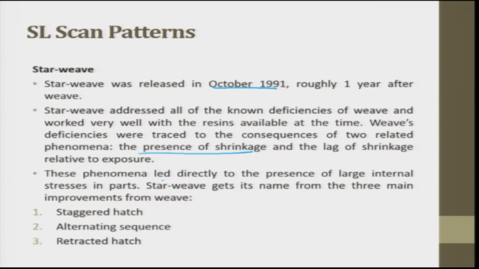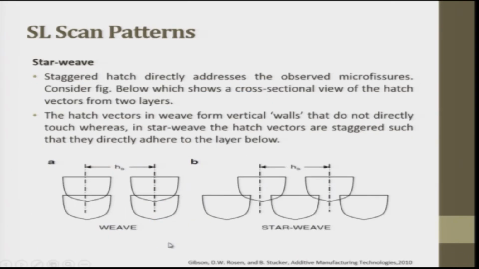These phenomena led directly to the presence of large internal stresses in the part. Star weave gets its name from three main improvements: staggered hatch, alternating sequence, and retracted hatch. So this is weave, this is star weave.